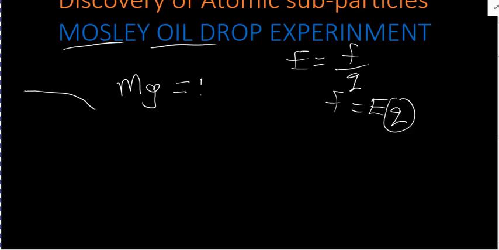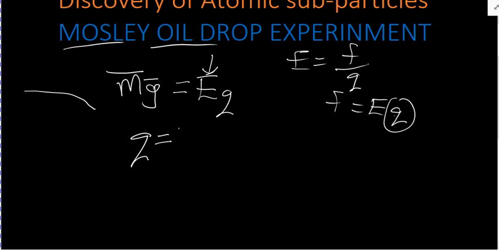This electric field is measurable. Millikan was able to measure the electric field that he supplied. The mass of the oil was also measured. Of course, g is a constant, which is acceleration due to gravity. So from this relationship, he was able to calculate the actual charge of the electron.